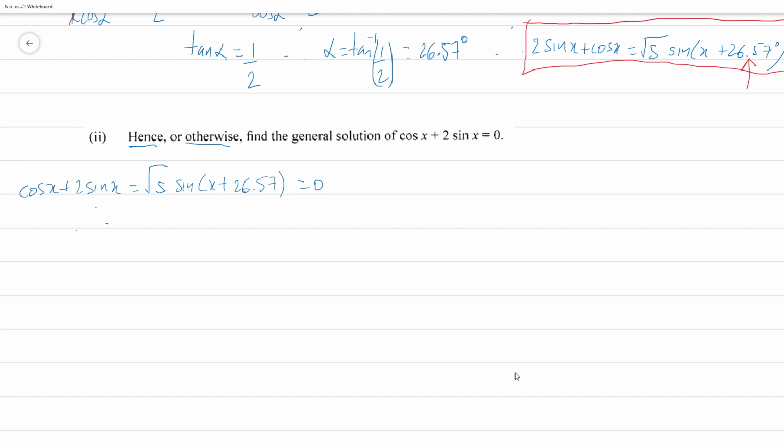So if you have this equal to 0, well, you could get rid of the root 5. It's just this expression here that they want to be equal to 0. So sin of x plus 26.57 is equal to 0.